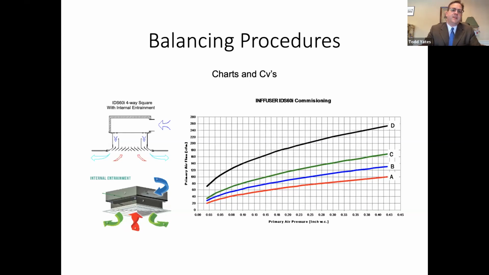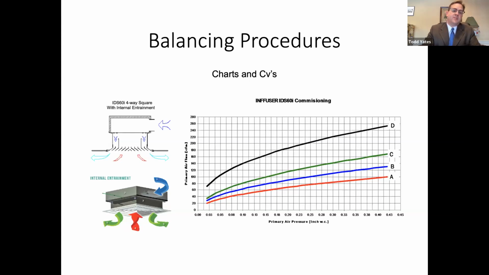So you can see this is a cutaway of the technology. What we want to measure is this blue arrow coming into the top of the diffuser. The way we do that, according to the manufacturer's instruction, is to attach a manometer of some sort. I think we're all using electronic manometers these days, but attach that at the port labeled number 2 in this drawing, and the other port is going to be open to the space.